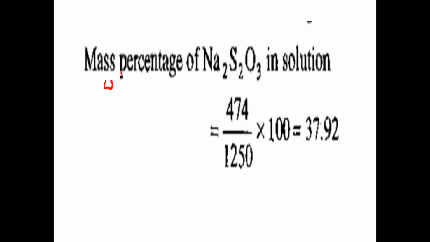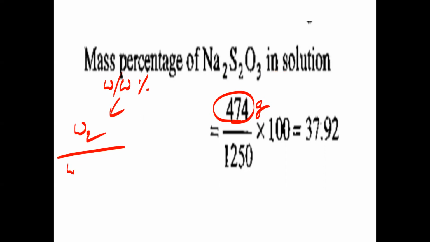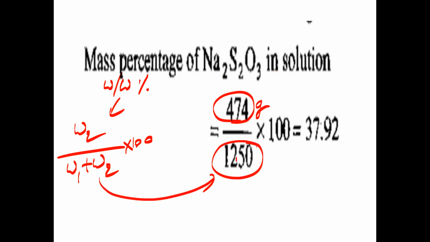Therefore, the mass percentage, W by W percentage, of Na2S2O3 in solution is mass of solute by mass of solution into 100. Your mass of solute is W2, and the mass of solution is 1250, into 100, which will give 37.92%.